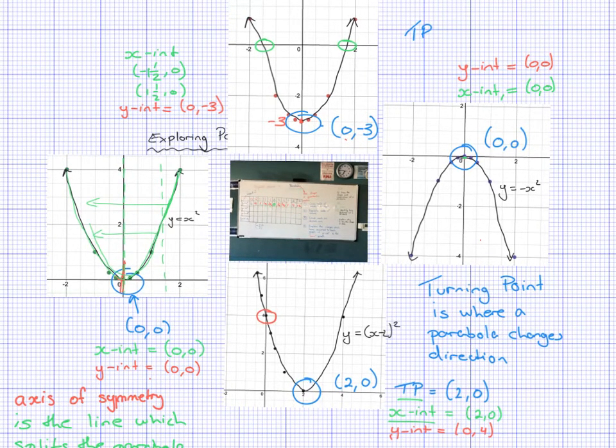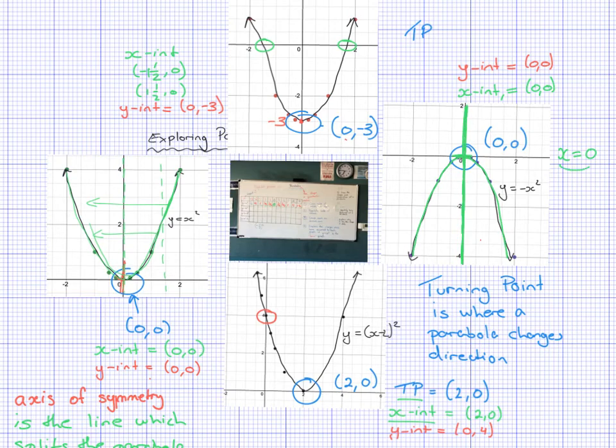So in this one here on the right hand side, you can see that this left half here and the right half there pretty clearly have an axis of symmetry down the middle there. And when I draw it on the graph, it's okay, but when I want to tell somebody where it is, I have to define that as an equation. So I would say the axis of symmetry is on the line where x always equals 0. And that means it could be anywhere along this y-axis, because it doesn't matter what height I go to, the x value hasn't moved away from the origin, so the x value is always 0.